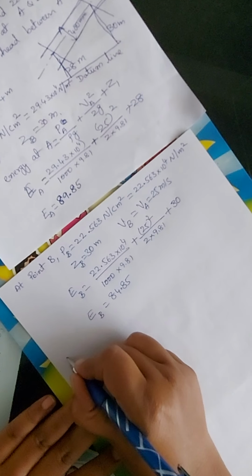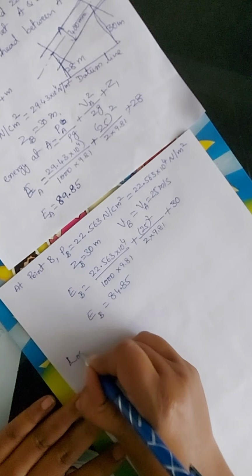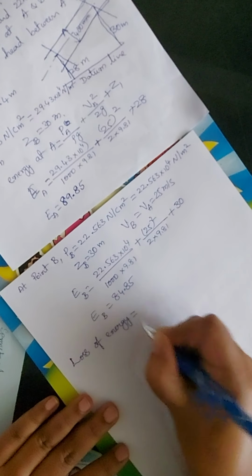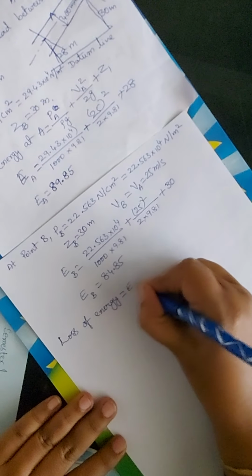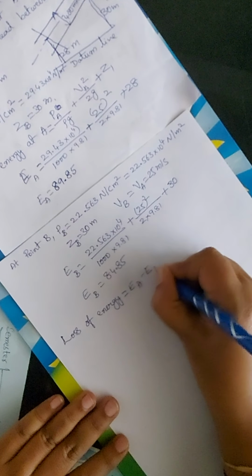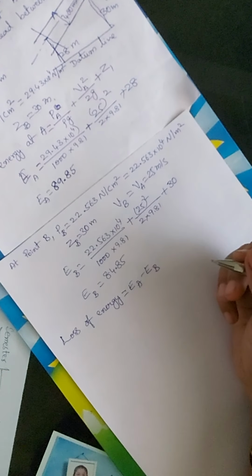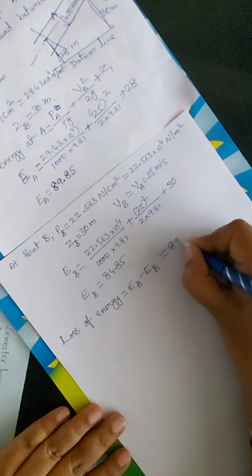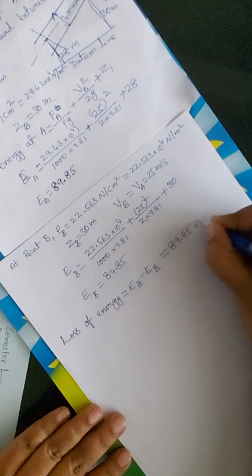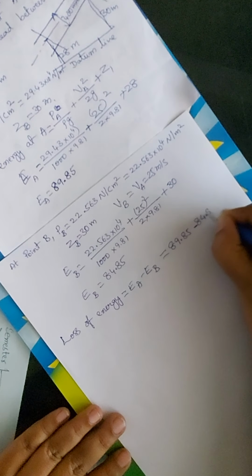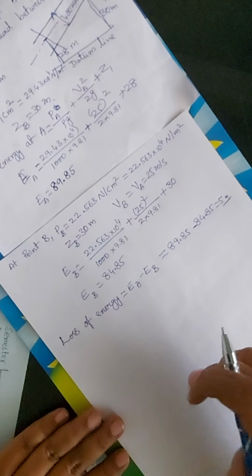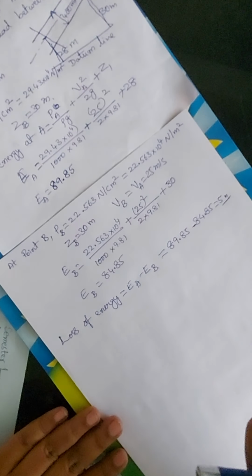So the net loss of energy is equal to EA minus EB, that is 89.85 minus 84.85, which is equal to 5 meters. This is the loss of head or loss of energy.